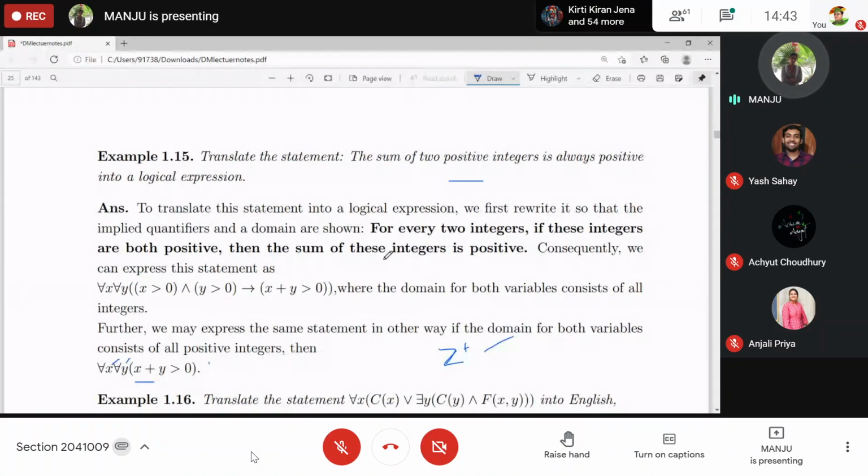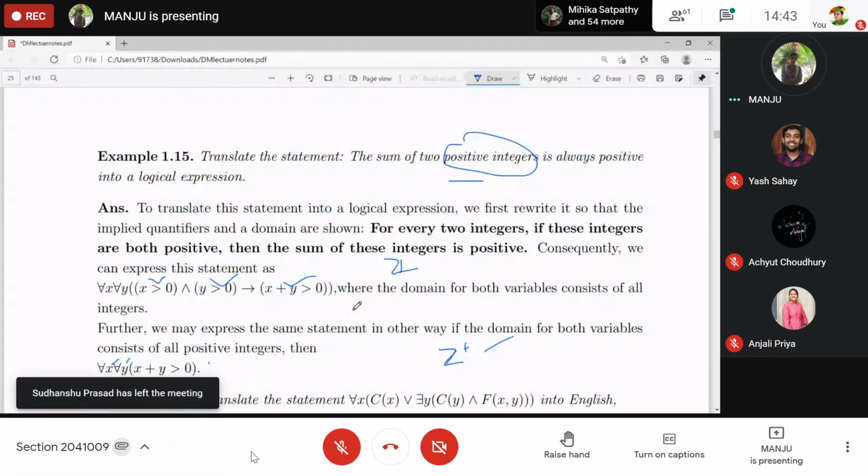And if you take the domain as only integers, then you need to give the condition that both are positive integers. That means for all x, for all y, if x is positive and y is positive, then the sum is positive. Okay.